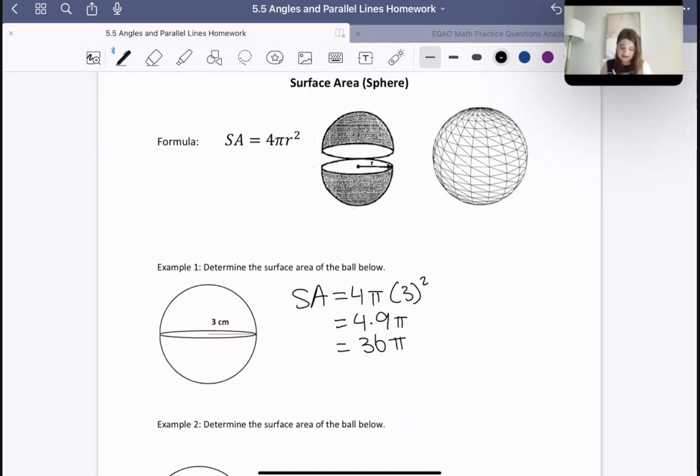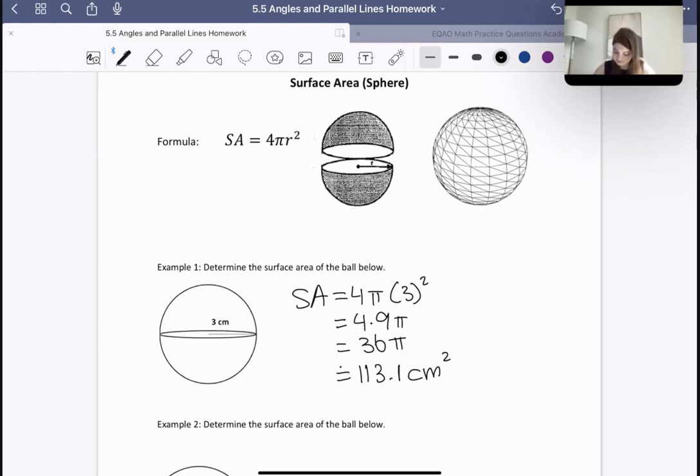If we grab our calculator, we can figure out that 36 times pi is about 113.1 approximately centimeters squared, right? Because surface area is still an area, so our units will always be square units, right? Whether it's square feet or square centimeters or whatever it is.